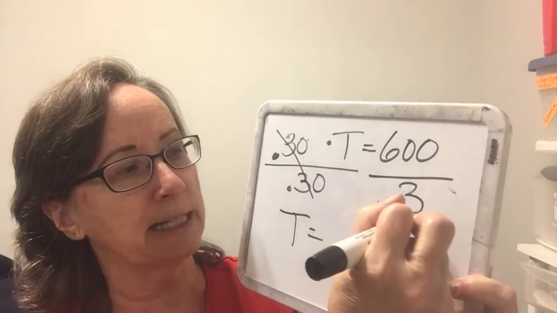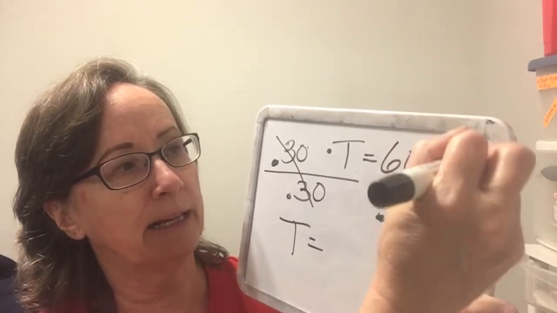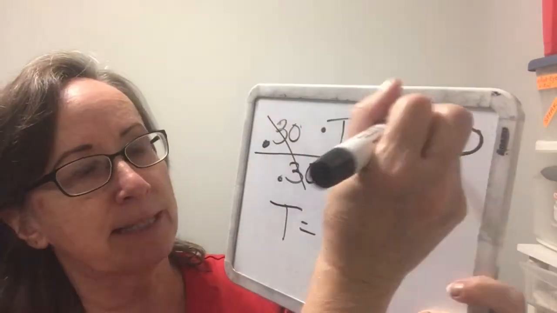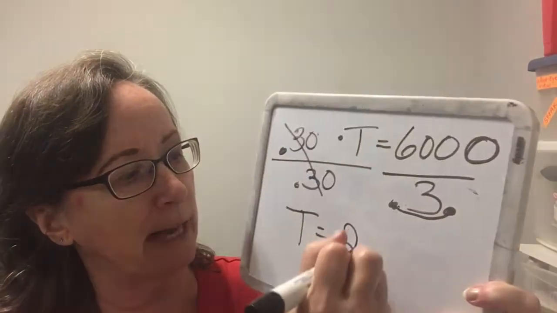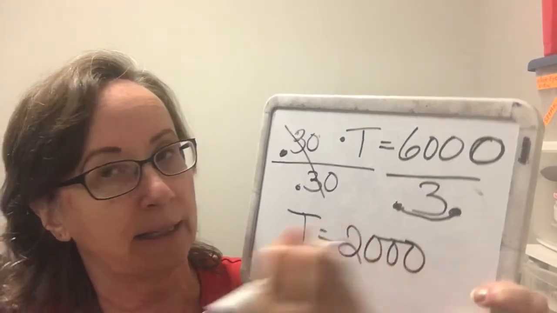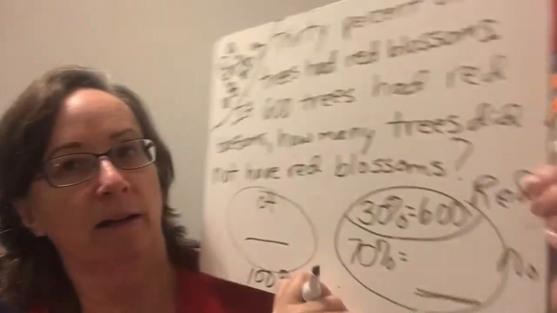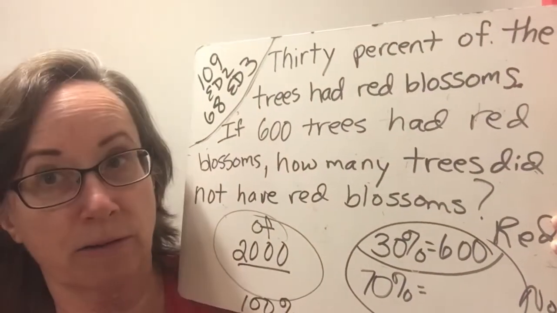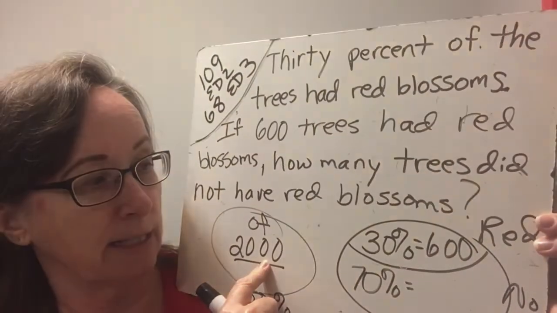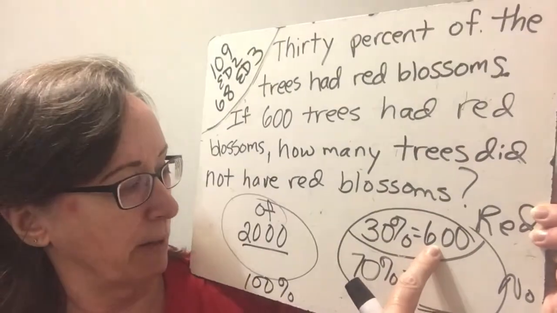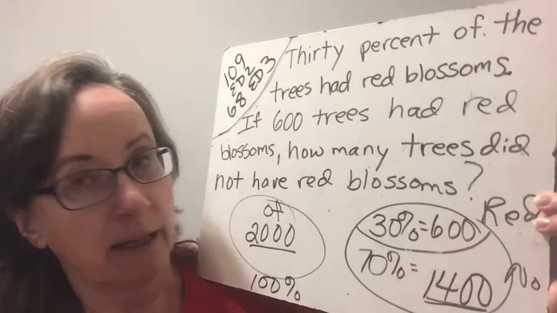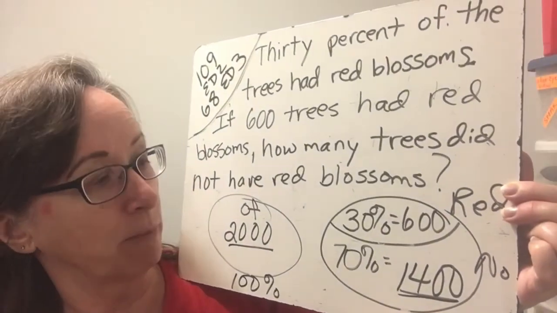So let's run our decimal 1 to the right, and our decimal 1 to the right, is adding a 0 on the top. So 6,000 divided by 3 is 2,000 total number of trees. Okay, so now in this board, we now have this number. 2,000 is the total number of trees, and 2,000 take away the 600 is going to leave 1,400 trees that do not have the red blossoms.